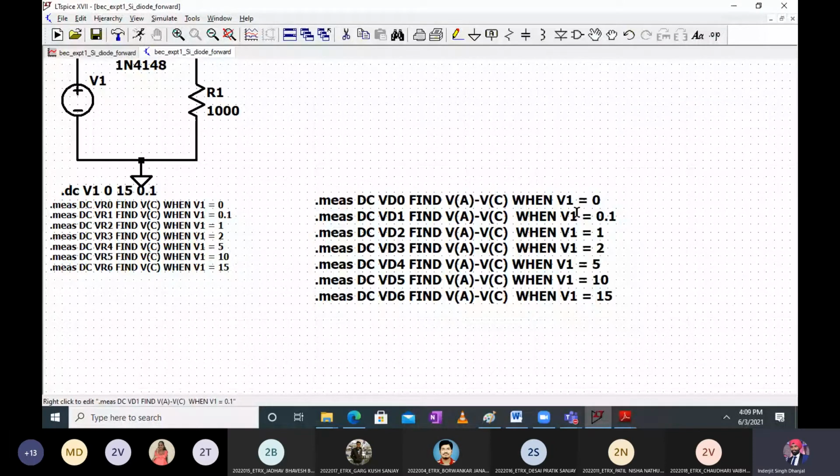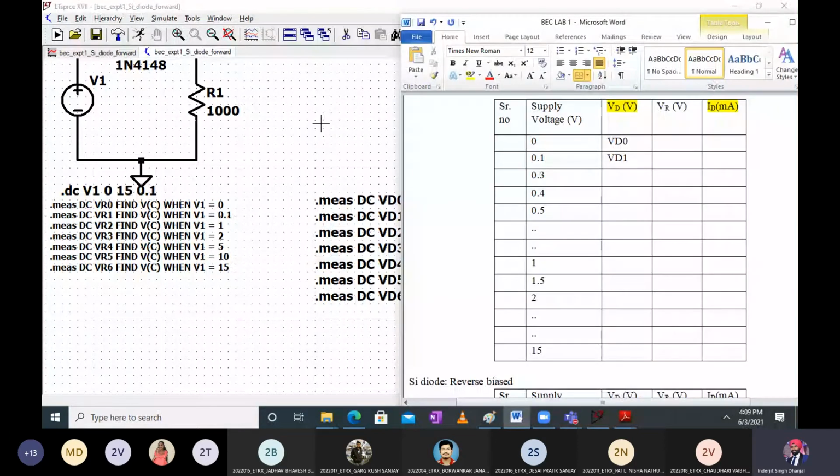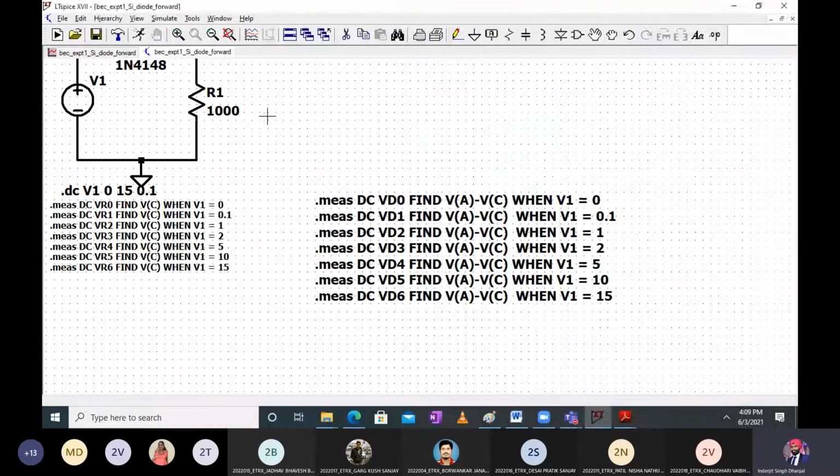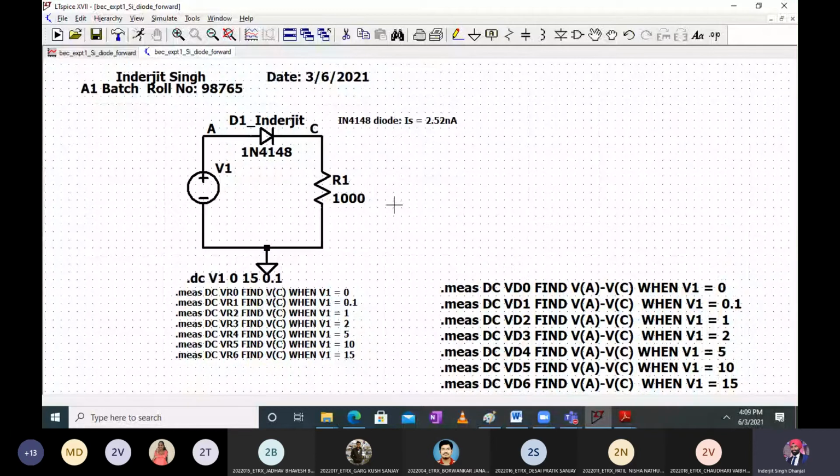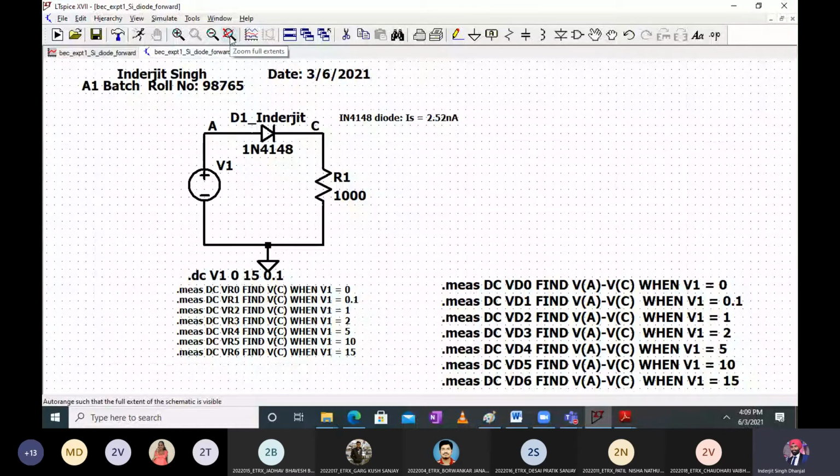What is my value of diode voltage? So it is storing it in the variable VD1. Everyone has written this, or should I wait for some time? Done, sir. Okay, excellent. Very good.